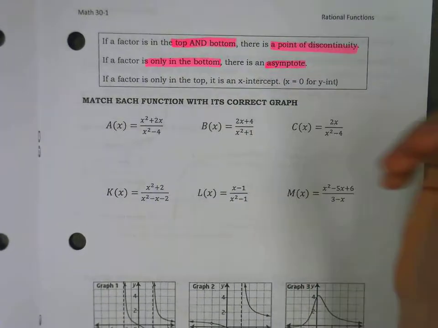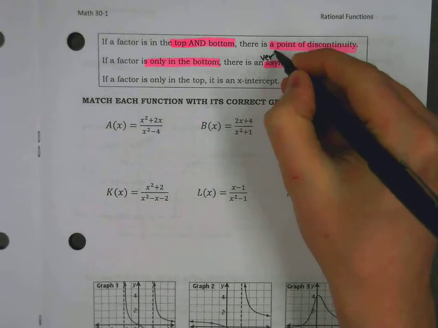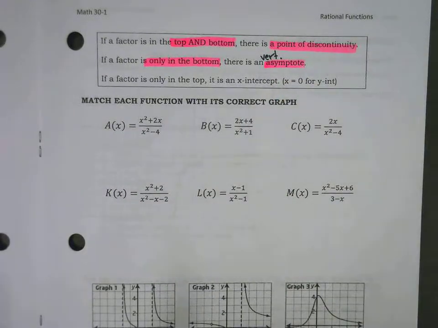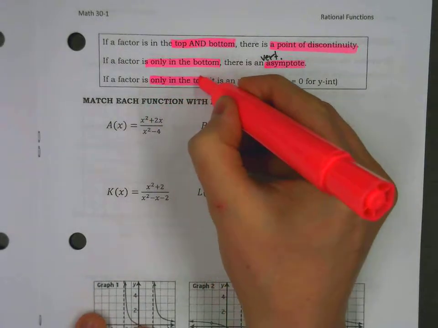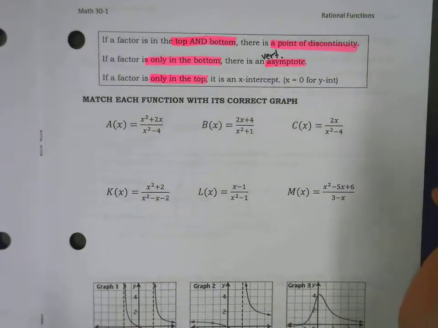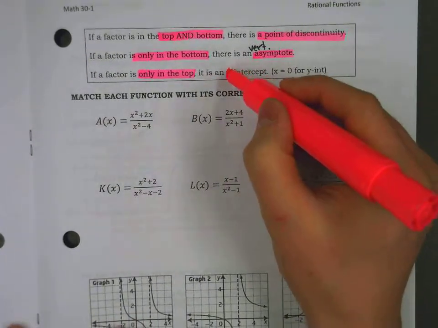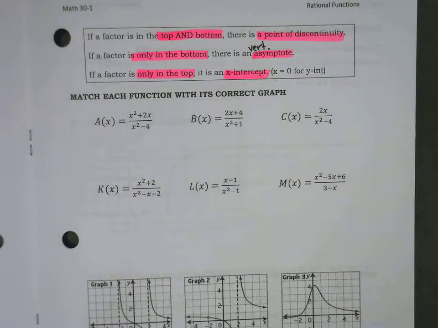I should clarify, a vertical asymptote, a restriction of sorts. And if there's a factor that's only in the top, without getting into the math behind it, it will create an x-intercept. So this is when, if you've got a y value that's 0, it's going to create an x-intercept.